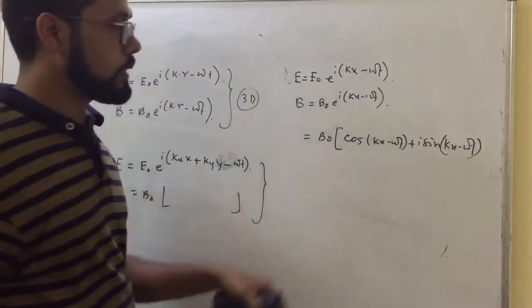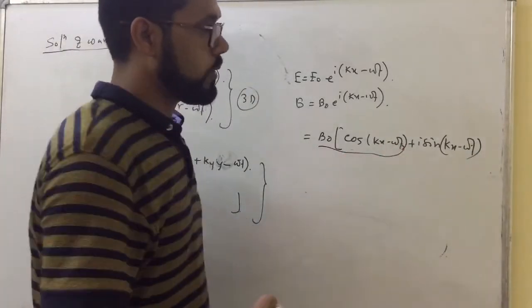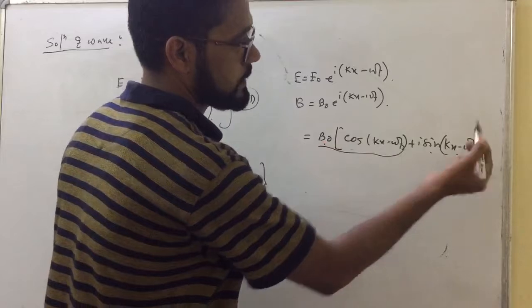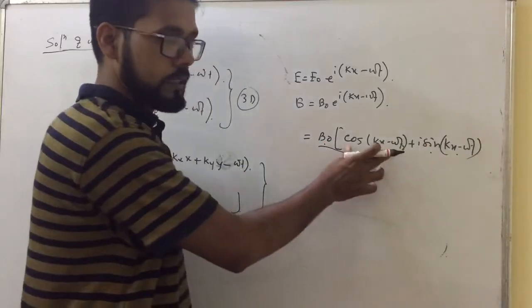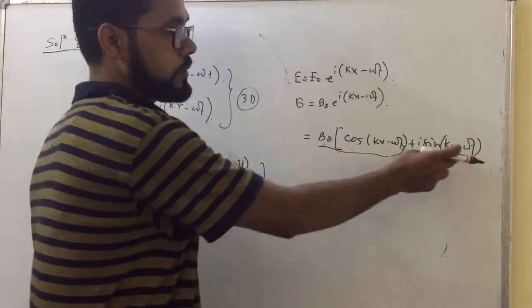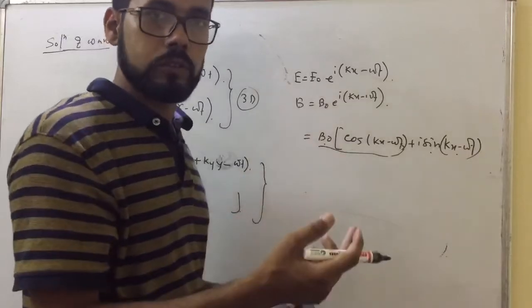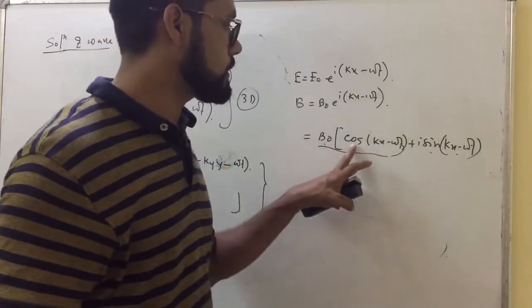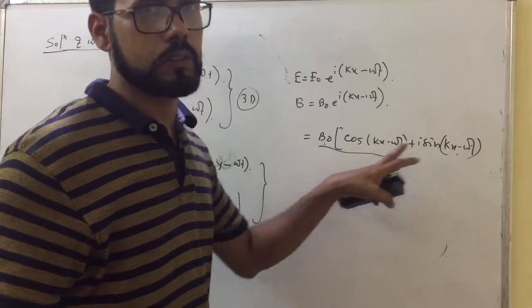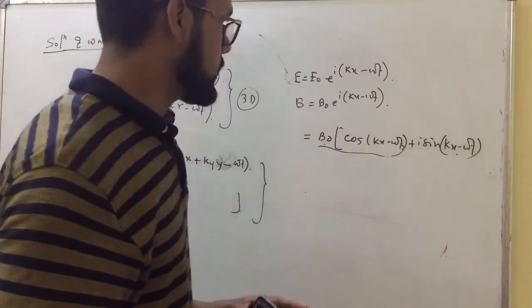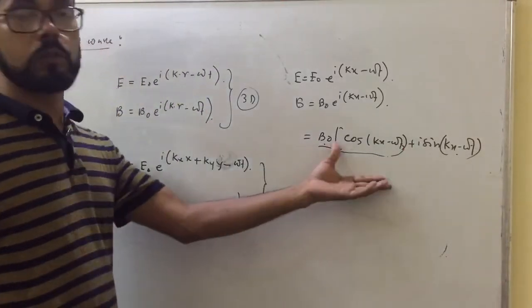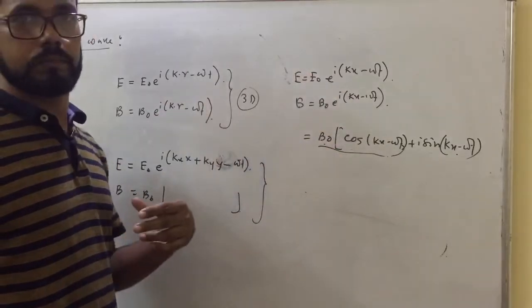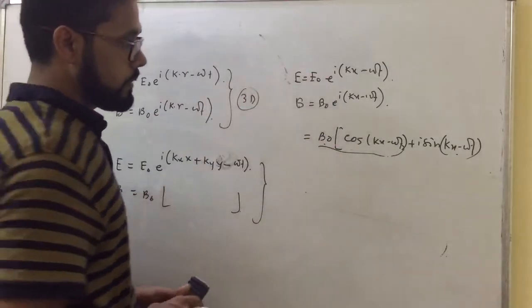Suppose if you want to do calculation, you take this cos part only, or you can take B naught sin only. If you take the cos part, your result, and if you take the sin part, the result will also be the same. Only there is a phase difference of 90 degrees between sin and cos. This is the trigonometric function, and this is the phasor form. You can express any terms of it.